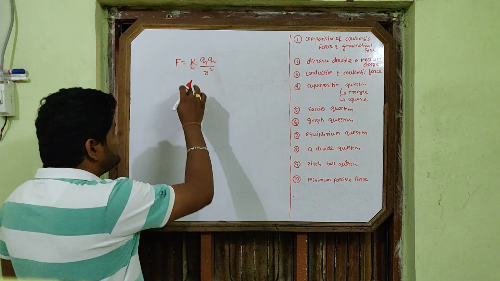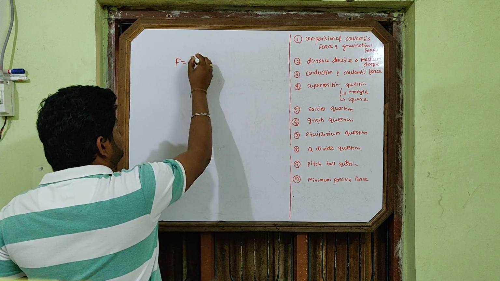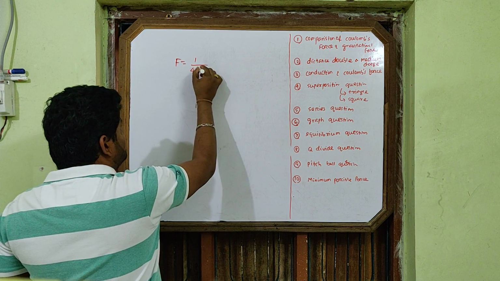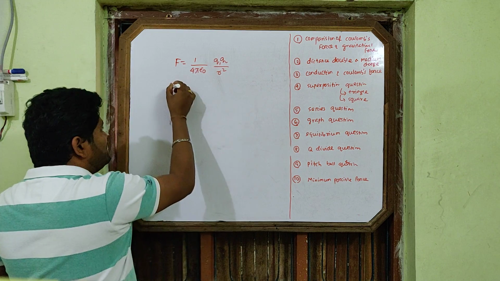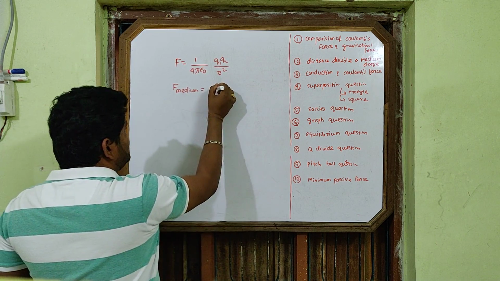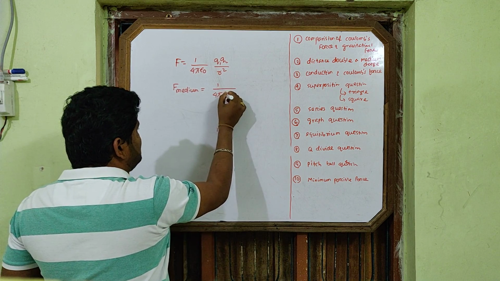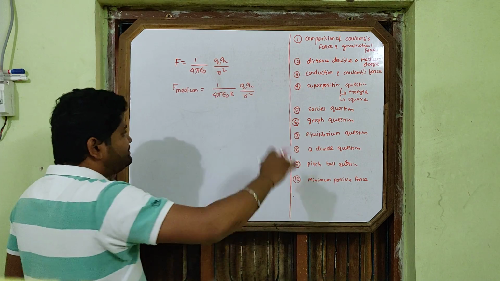If I write first in air, the expression is 1 by 4 pi epsilon naught Q1 Q2 by R square. But in a medium the expression is 1 by 4 pi epsilon naught K Q1 Q2 by R square.